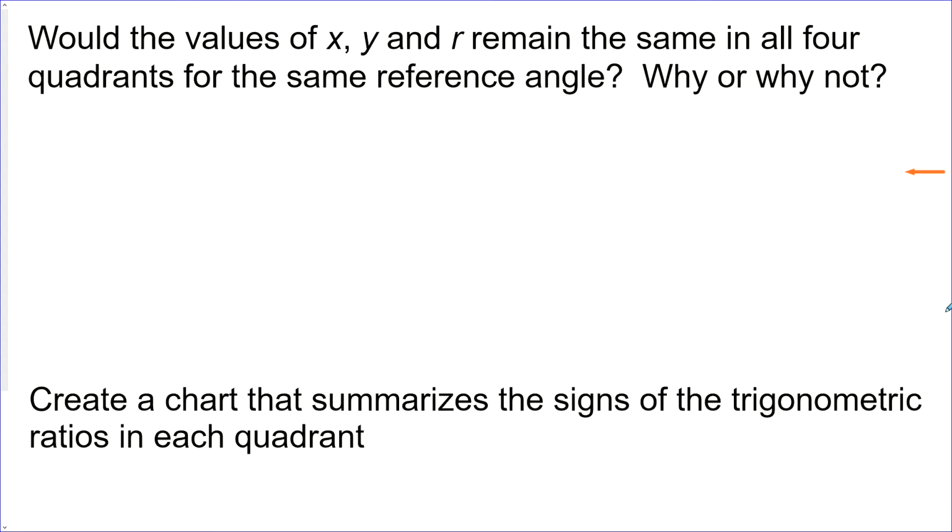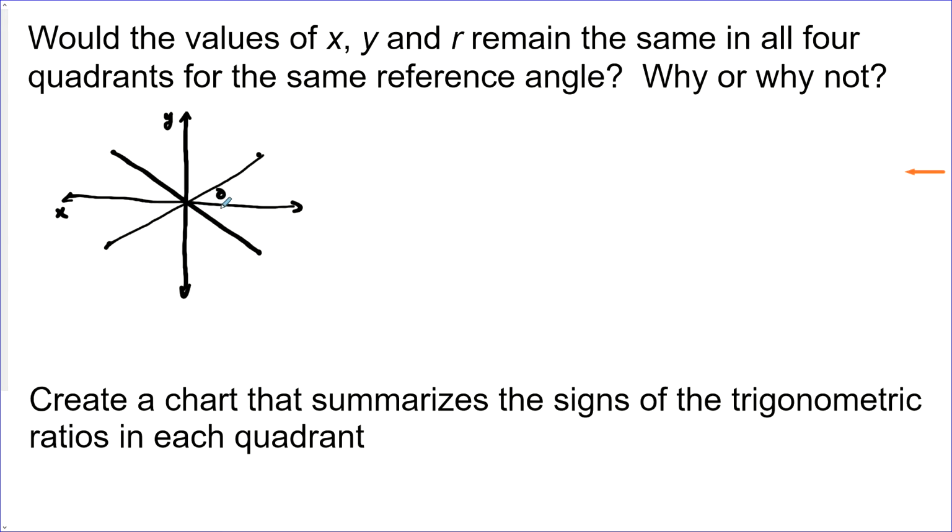Would the values of x, y, and r remain the same in all 4 quadrants if we had the same reference angle? Let's give this a sketch here to see what we're talking about. So there's our y-axis and there's our x-axis. And say we have a point in each one of these quadrants that gives us the same reference angle.